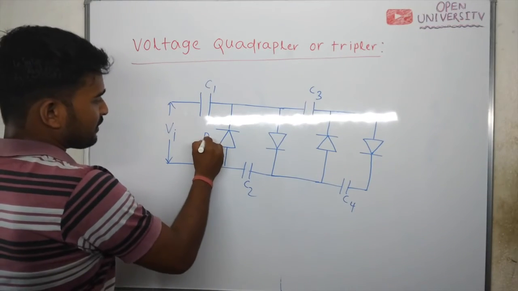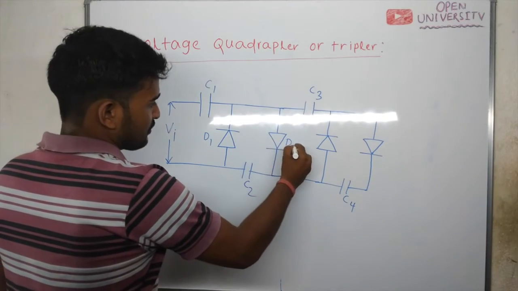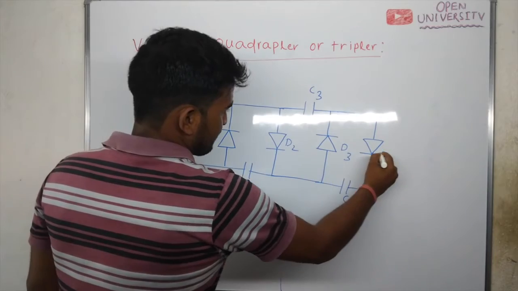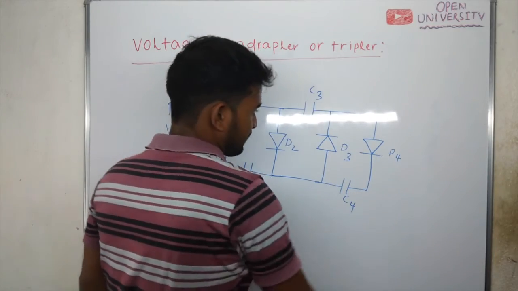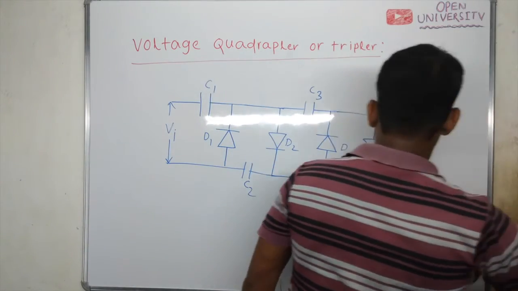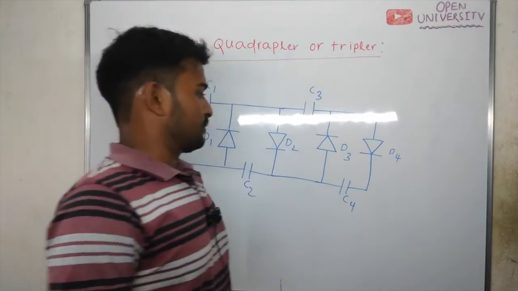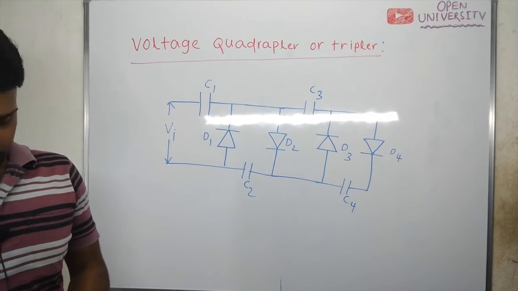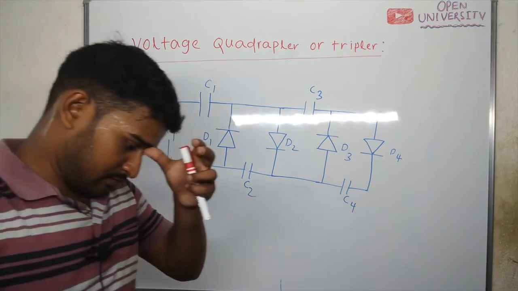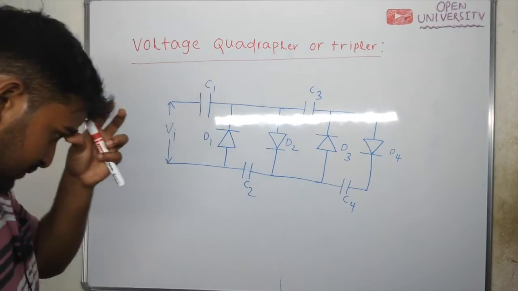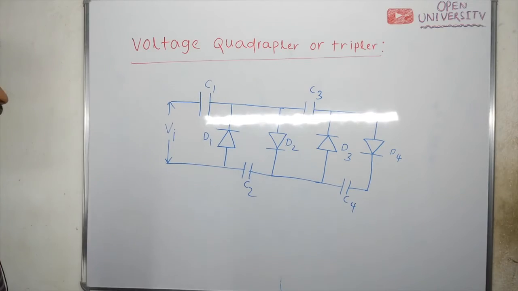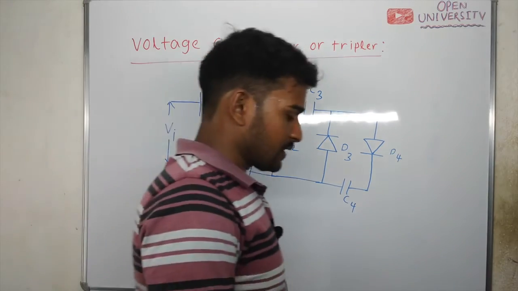This is D1, this is D2, this is D3, this is D4. Draw the circuit.